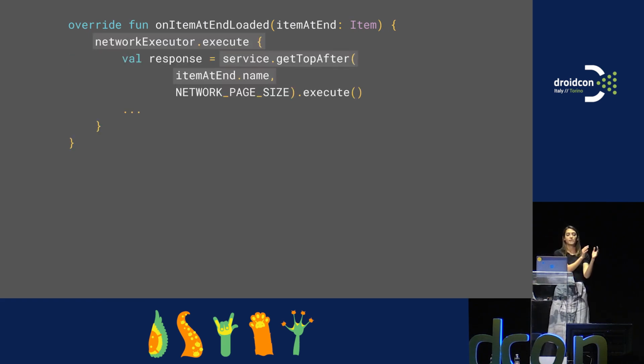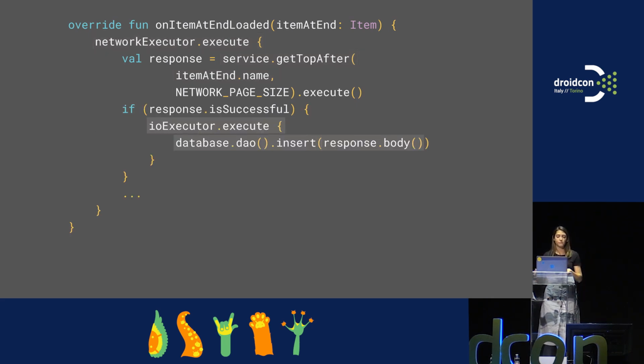Once we're at the end of the data from the database, then we know that we can request more data from our service. Once we get the response from the backend, we switch to the IO thread and save that response to the database. And then automatically the database will emit a new live data, informing your UI of the changes.